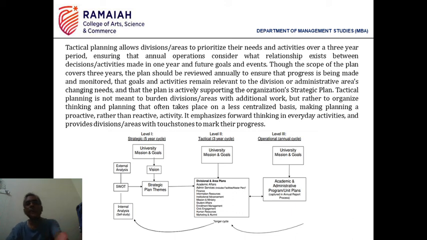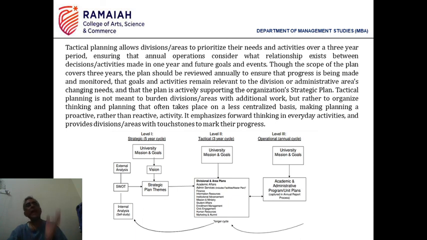We have taken a 3-year period here, ensuring that the annual operations consider what relationship exists between decisions made in one year and future goals and events. Though the scope of the plan covers 3 years, the plan should be reviewed annually to ensure that progress is being made and monitored, and that goals and activities remain relevant to the division or administrative area.